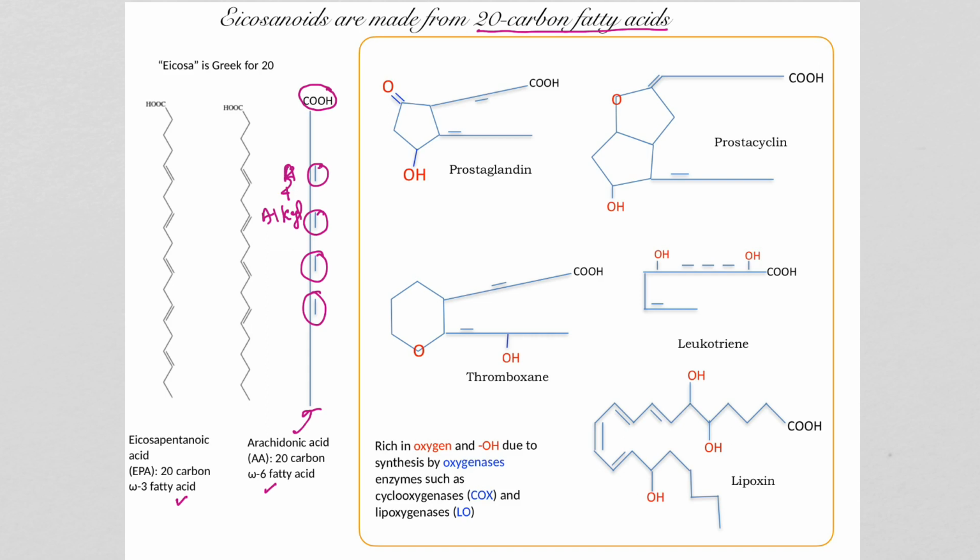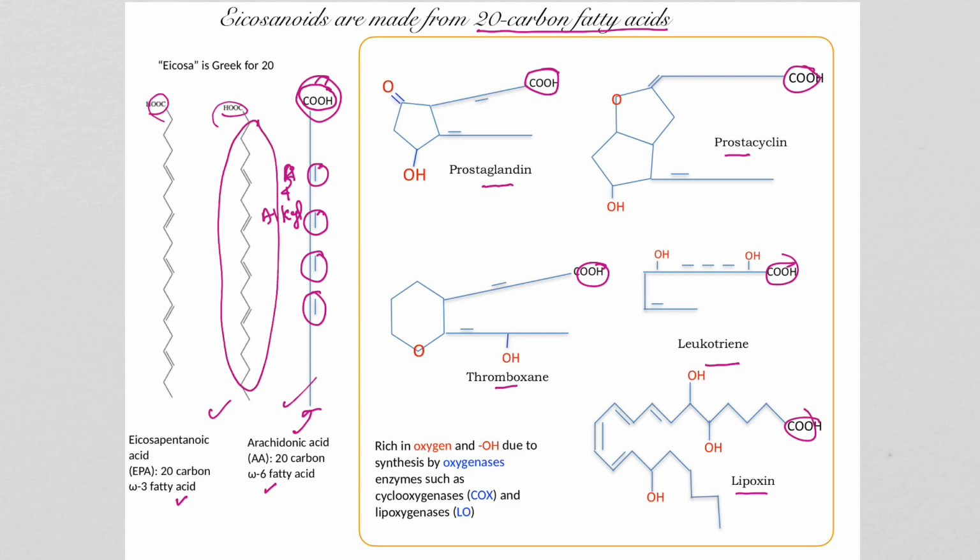Now, when you look at the eicosanoids, such as prostaglandins, prostacyclins, thromboxanes, leukotrienes, lipoxins, you see the carboxyl group, which is common because these are made from fatty acids, which have the carboxyl group. But what you see is changes in the alkyl chain.